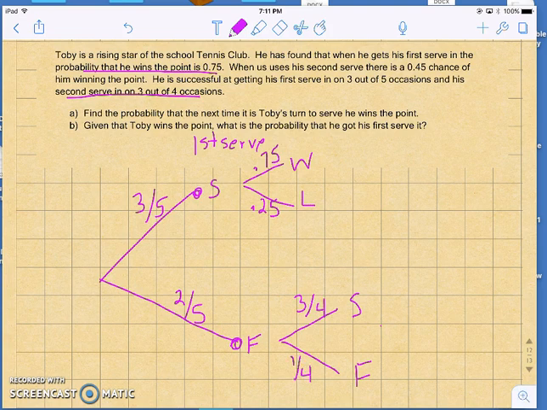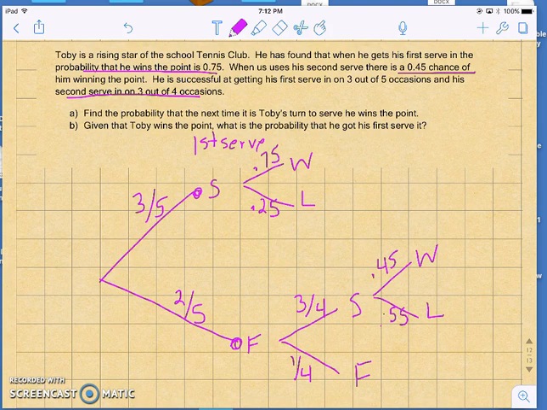So when he gets his second serve in, there's a 0.45 chance of him winning. So wins, loses, 0.45, 0.55. So it's kind of a weird looking tree diagram here. Because if he second serves and loses, he's just done on his first serve. If he misses both, then he's done.